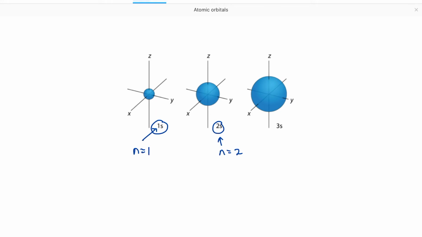As you can see, they're all spherical because they're s orbitals. If I've got an electron in my 2s orbital, it is going to be somewhere in that three-dimensional space. You'll notice that as we move up the shells, the orbitals are getting bigger. Once again, you need to try and imagine that we've got the nucleus in the centre, and these are all superimposed on top of each other.